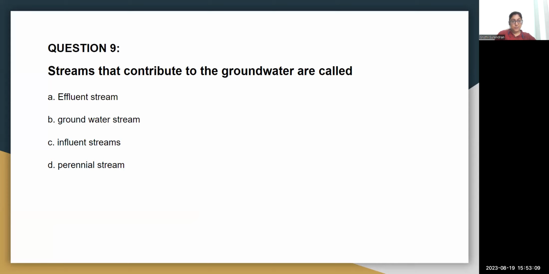Now, next question. Streams that contribute to the groundwater are called what?